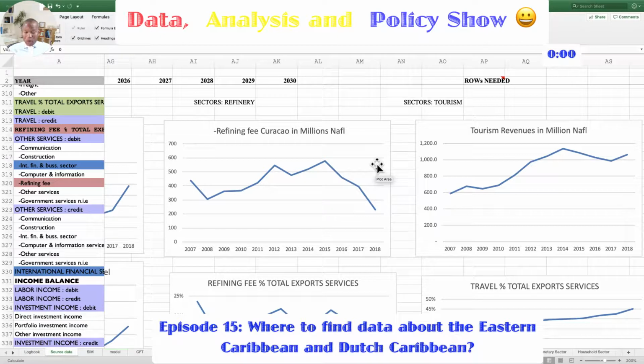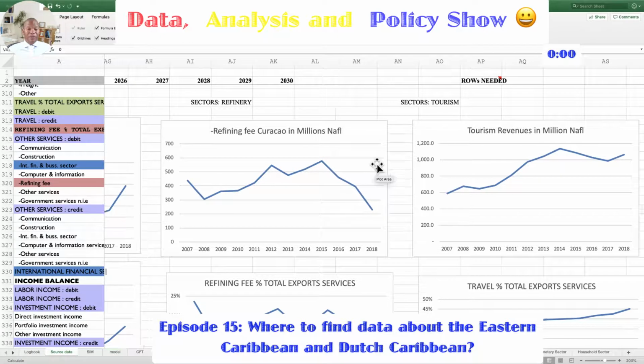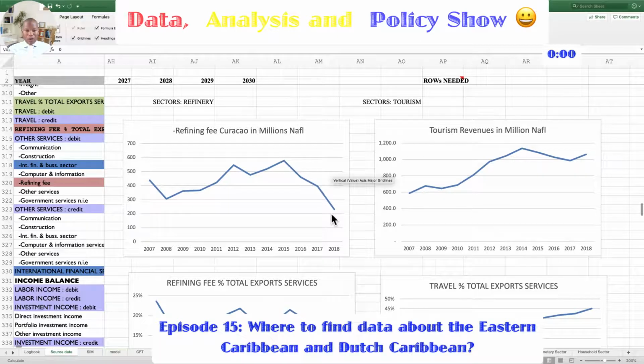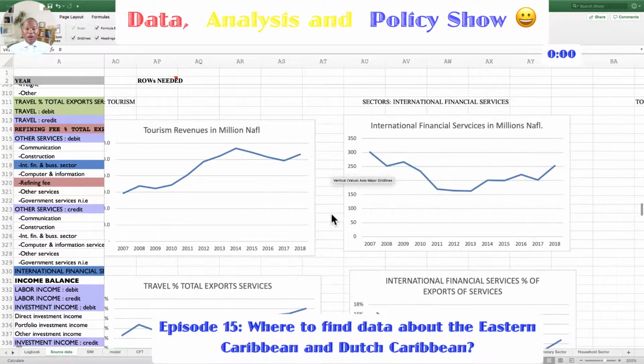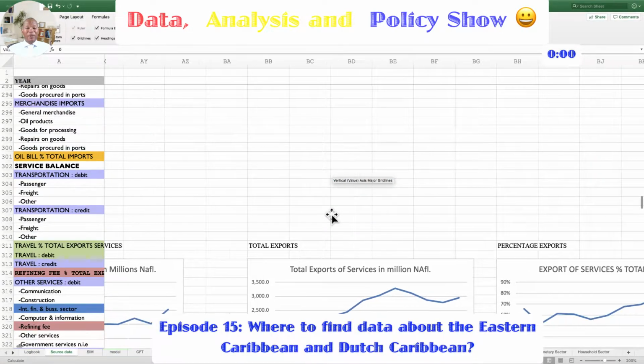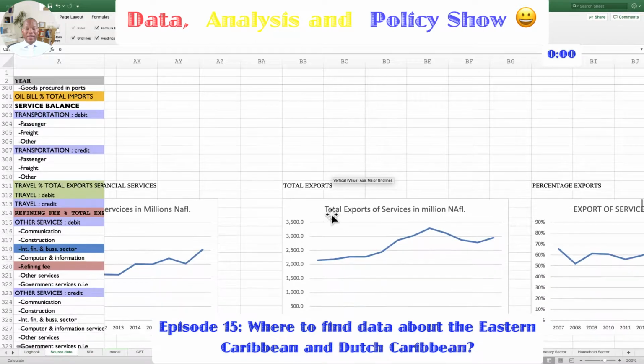So it's not a matter only of keeping the refinery closed, because if you keep the refinery open and you fire half of the persons and your total refining fee stays at around 230 million, if you don't double your refining fee, then the impact on the economy will be less. You see? So these kinds of analyses, total revenues of tourism, international financial services, etc. This is an example of what can be done with these kinds of models.